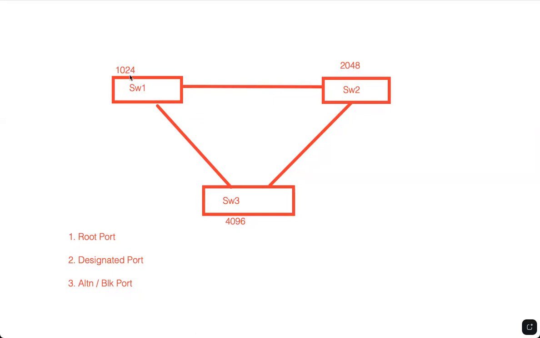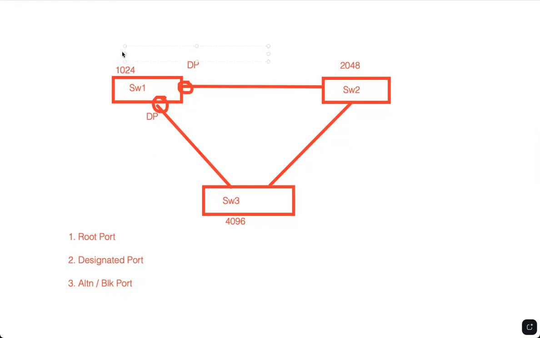Switch 1. Yeah, which one is the root bridge? So the ports on the root bridge, this one and this one, are called designated ports. DP and DP.